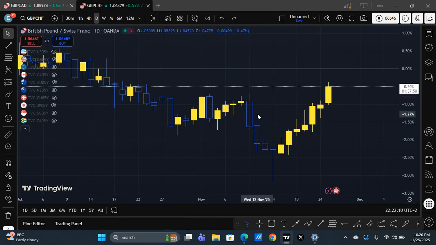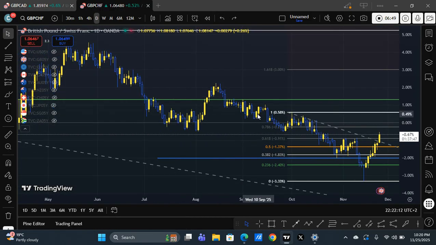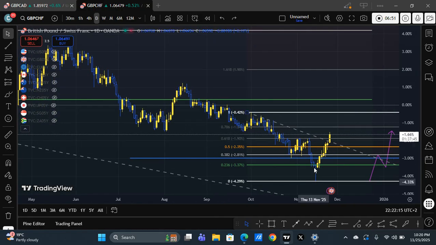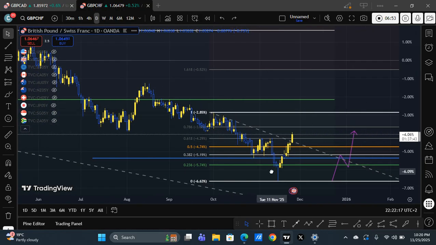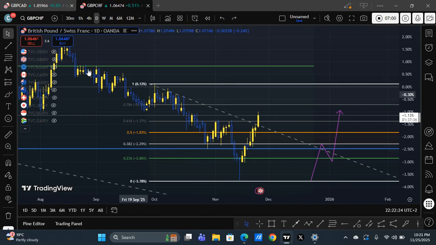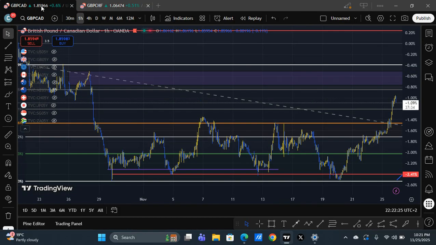Now let's move to the pound CHF. When I was looking into the pound CHF, it didn't give me as many pullbacks, it gave me an honest price move, but the pound CAD, on the other hand, played a little bit because of the volatility index and the interest rate cuts and all of those things.